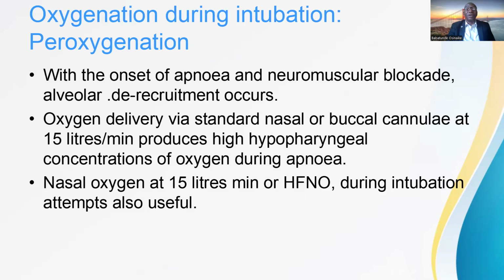If you have high flow nasal oxygen, you can do that as well, but I know most of the centers, we don't have this. But if you have, you can use it. But if you don't, oxygen through the nasopharyngeal catheter has been very helpful, okay?